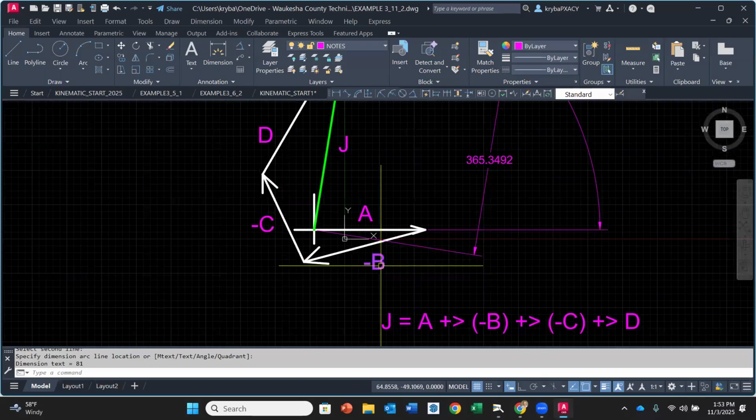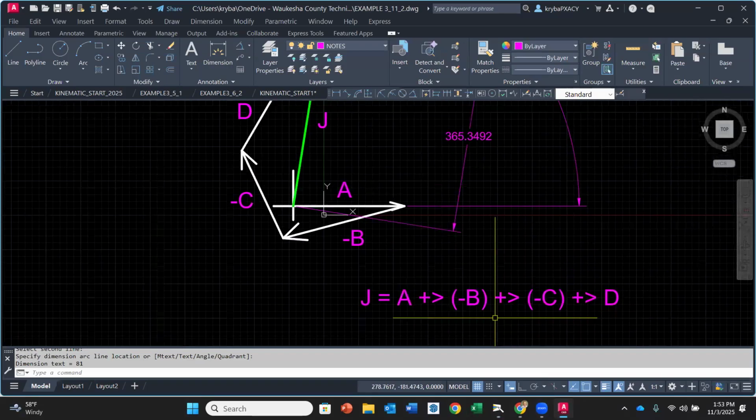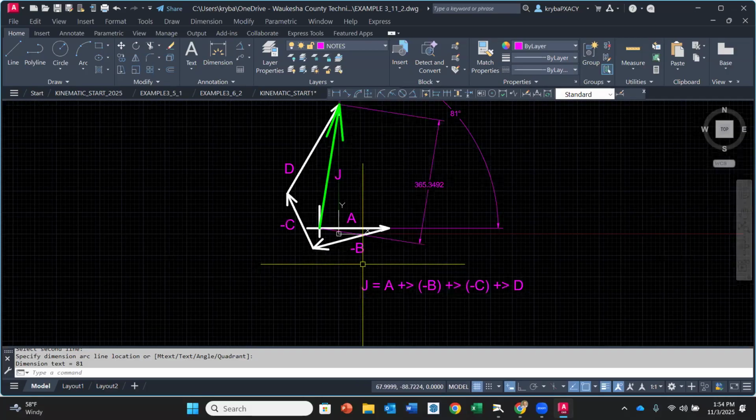Notice we don't leave this as a positive B and a positive C. We're adding still tip to tail, we're adding the negative version. So we want to make sure that we write our equation to reflect the process that we took. Is that helpful? So in this case, we wouldn't want to put the way that the book did it. We rewrote it so we could apply the same addition rules, adding the negatives instead of subtracting the vectors.